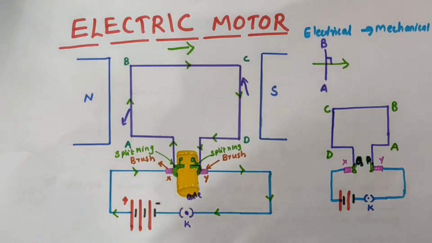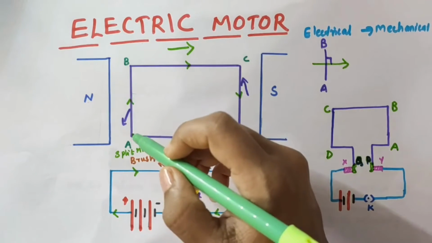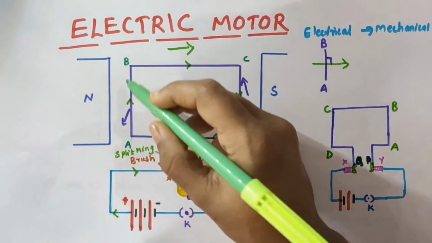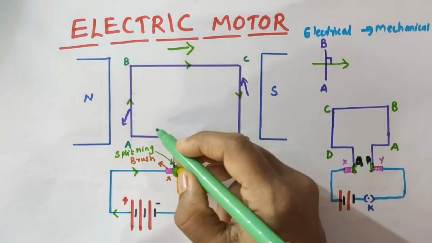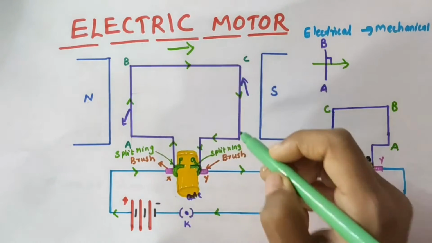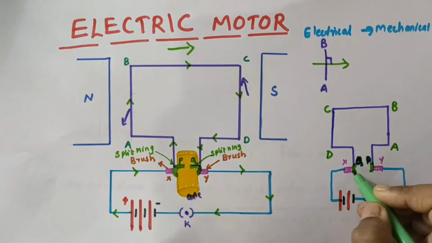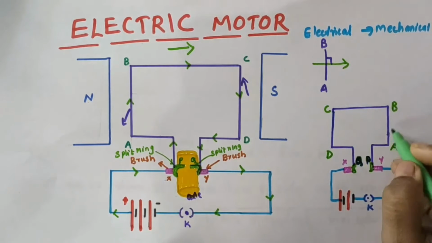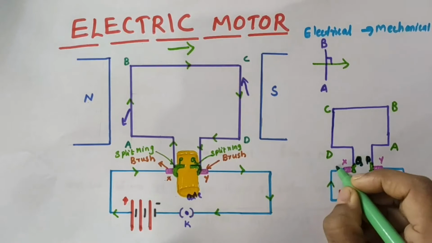Now what happens? Initially the current was flowing from A to B, B to C, C to D. This is the arrow mark here. This is the path, and the positive is on this side.